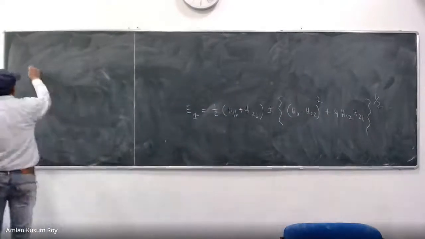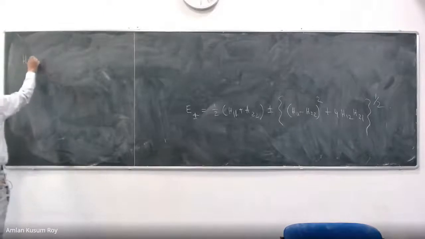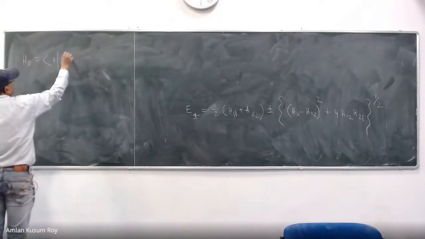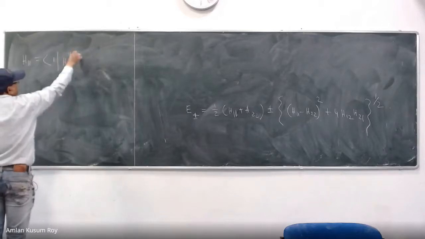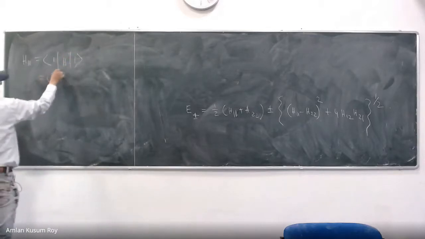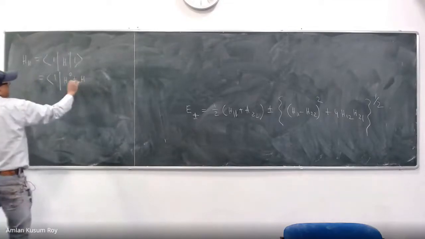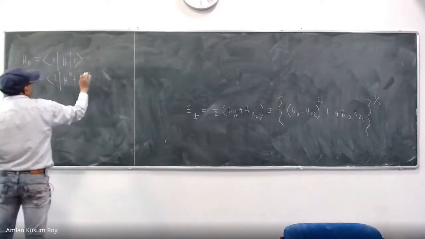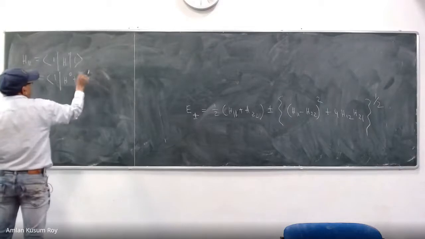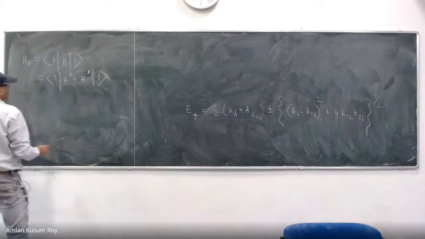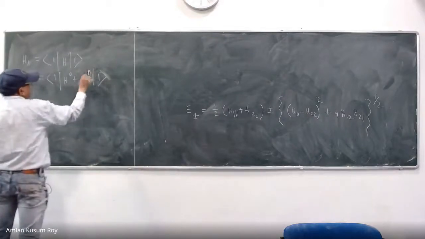So what is H11? I can write H11 is 1, H0 plus H prime, 1. Never misunderstand that. Or I can just write 1 because I have only 1.